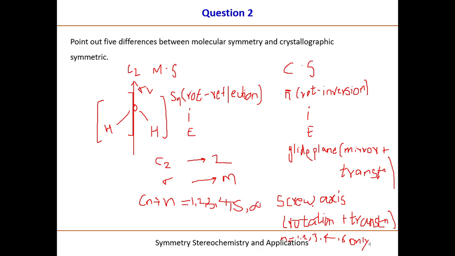If you want to learn the glide plane and screw axis in detail, you can check YouTube videos which talk about these two terms in detail with examples. So here we have discussed more than 5 differences between molecular symmetry and crystallographic symmetry. So this is also clear to you.